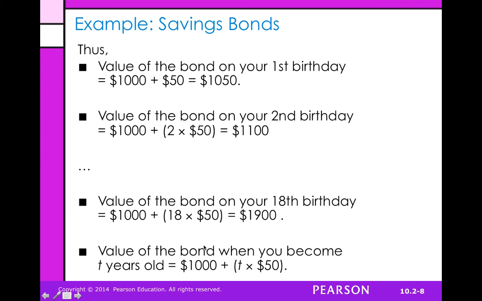So the value of the bond when you become T years old, notice there's nothing special about this 18. If you replace 18 with a variable that keeps track of how old you are, the value of the bond is now this. It's the principal plus the amount of time times the interest payment.